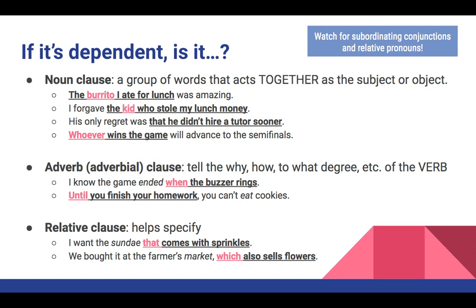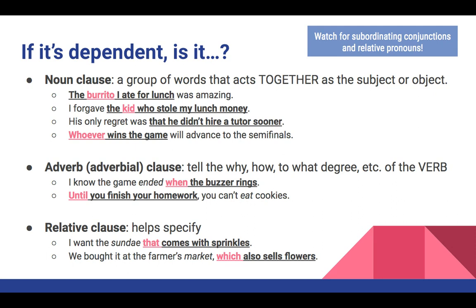And that still makes sense. His only regret was it. It was his only regret. That still makes sense. It will advance, or they will advance to the semifinals. So when you can replace it with it or they or them, then it's a noun clause because it's either acting as the subject or the object of a sentence.